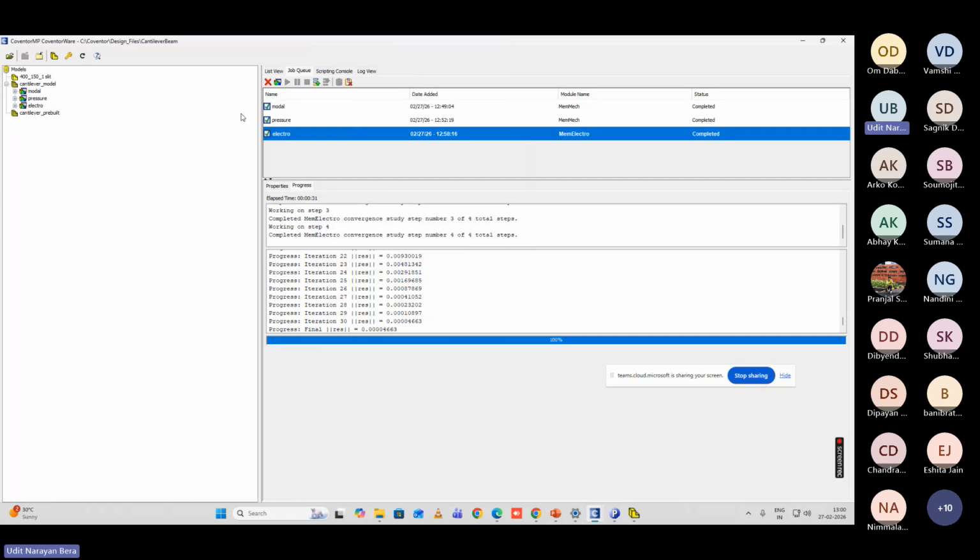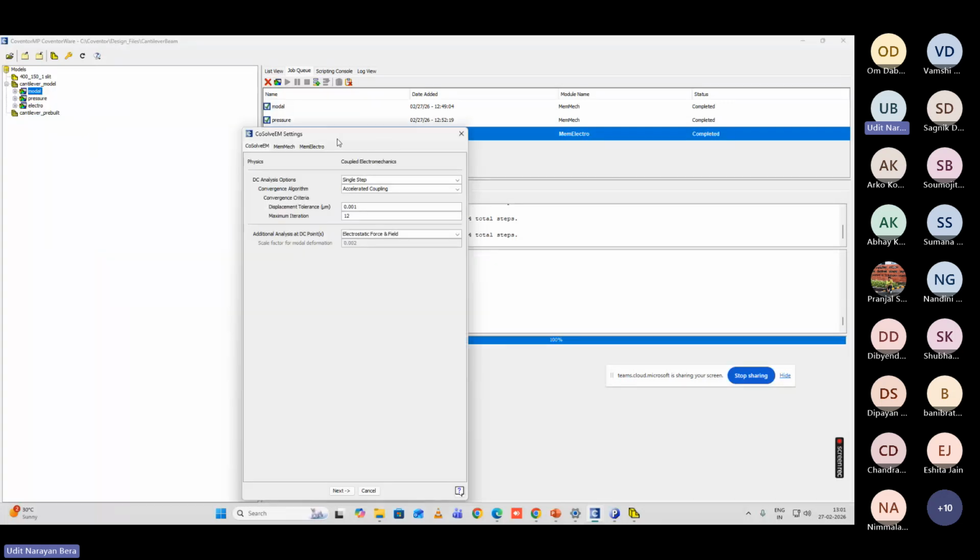Now, the important thing, that is the co-solve that we will be doing right now. So for that, let's take the open new co-solve. You can see in this case, you have both MEM-MECH and MEM electro. That is, this is the coupled field. I mean, it is a mechatronic, like you have your mechanical boundaries, you have your electrical boundaries as well.